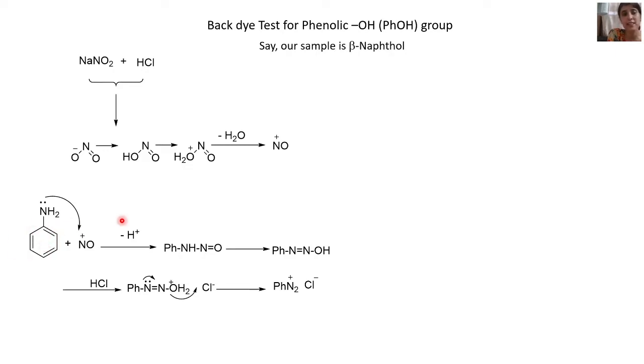We are adding this solution to that, and after that we generate diazonium chloride.